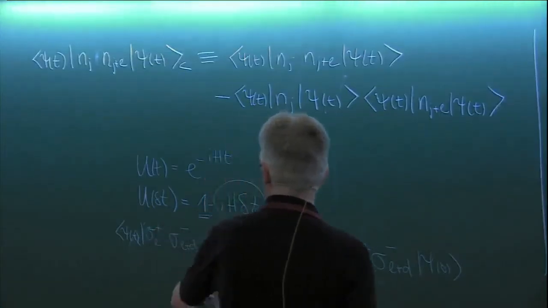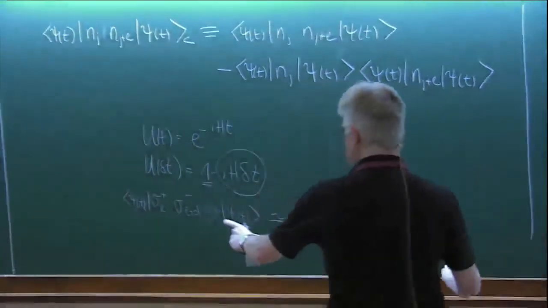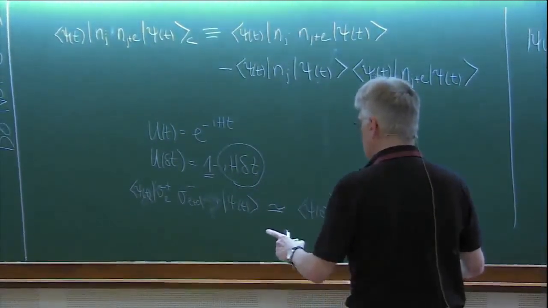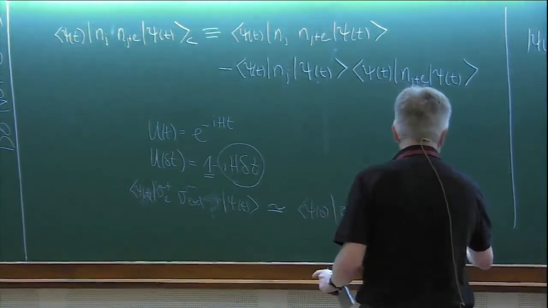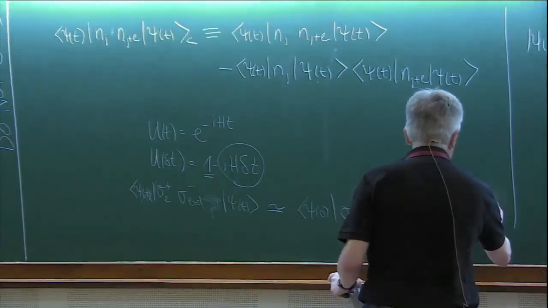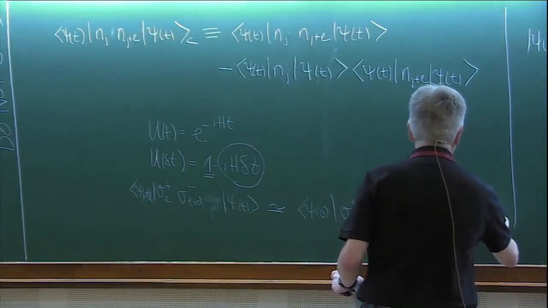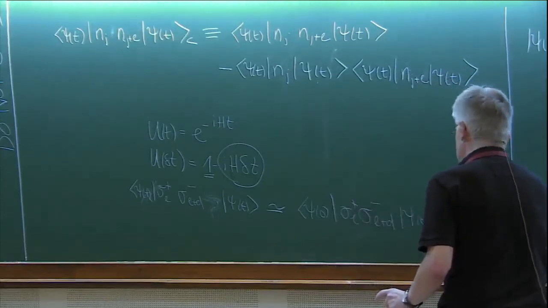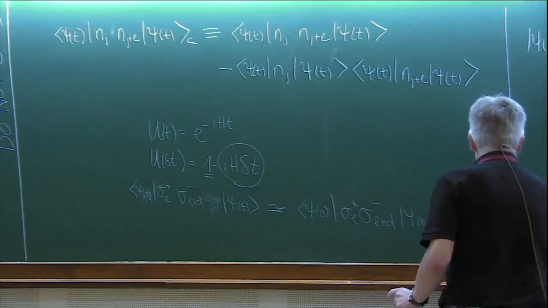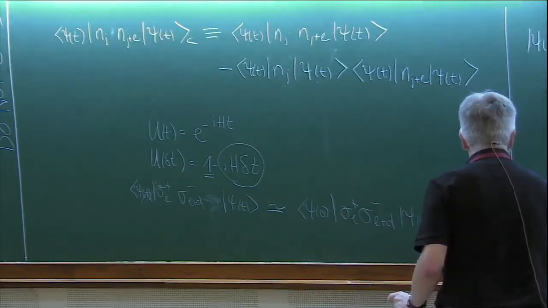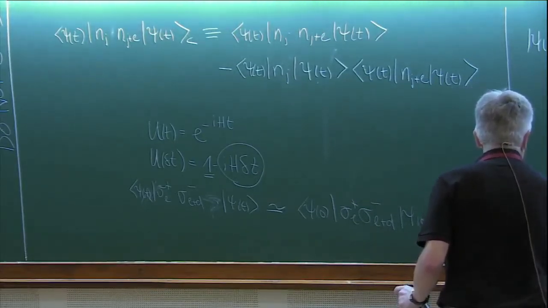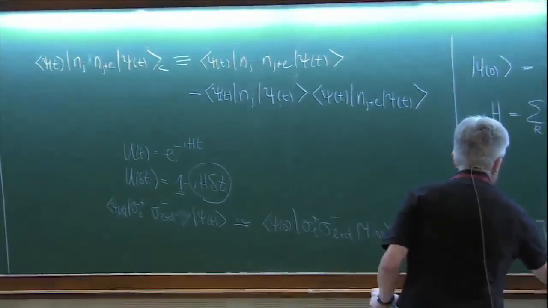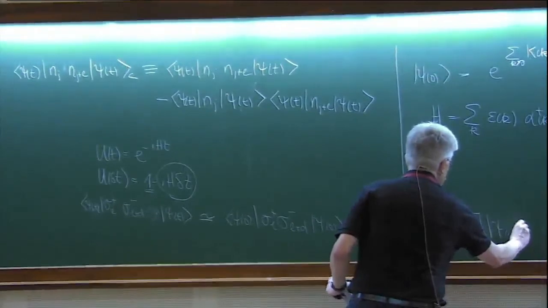And then here you would have, let's say, plus i delta t, and then psi of naught, sigma plus, H, sigma plus L, sigma minus L plus D, psi of naught.